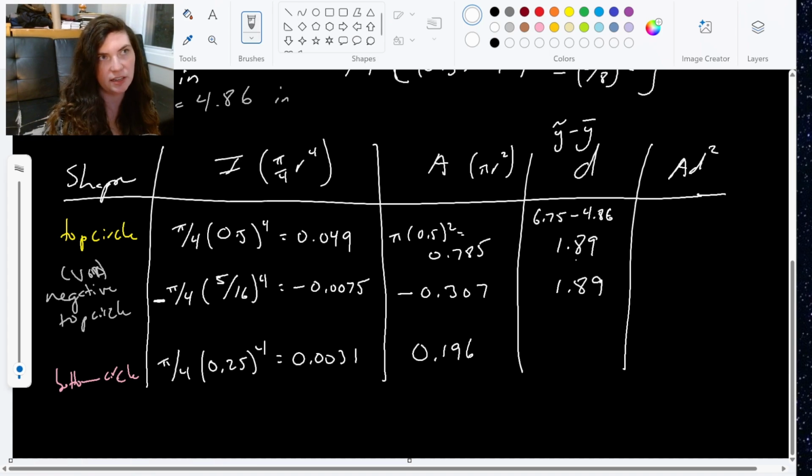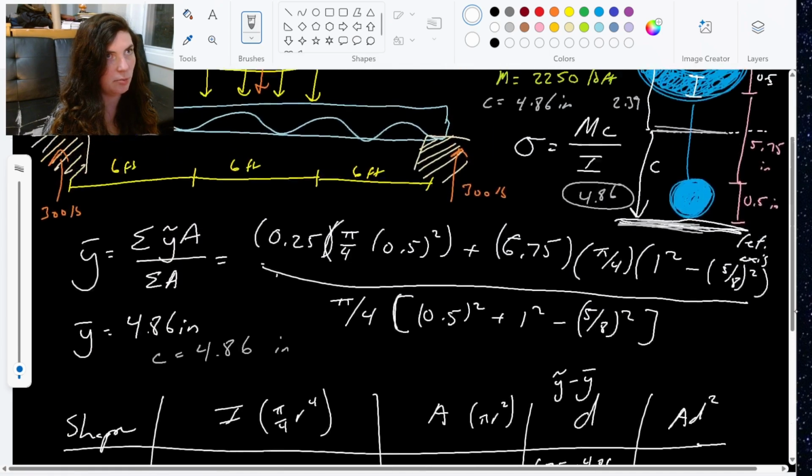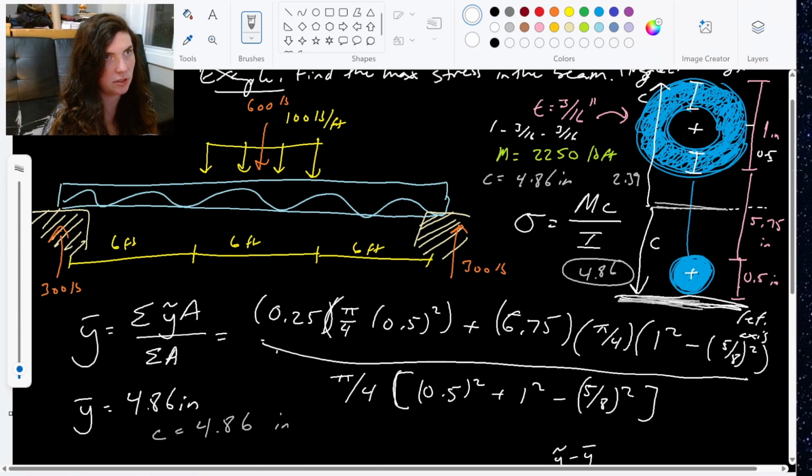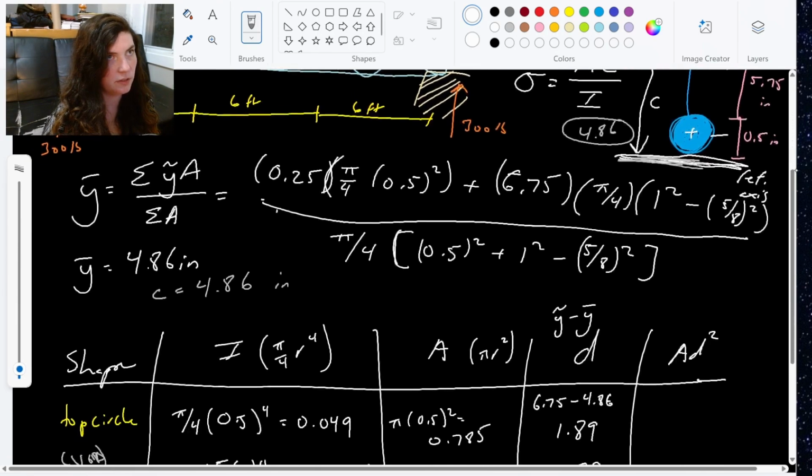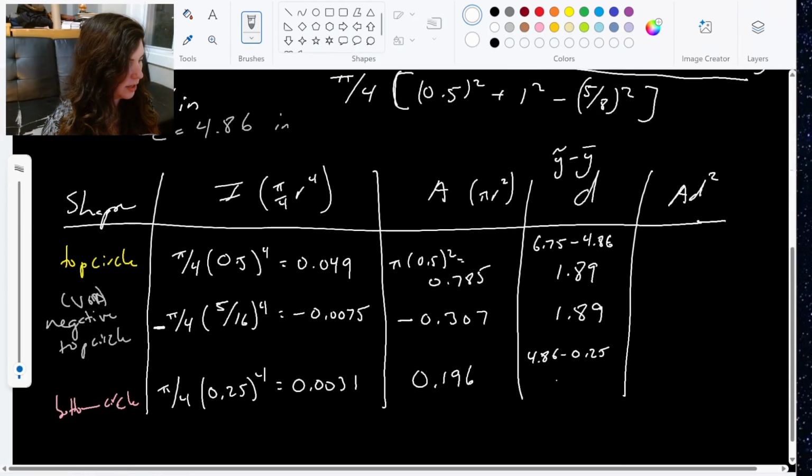And even if you put a negative on this D, this term gets squared anyways, so it doesn't really matter if it's positive or negative. It's going to end up as a positive. Then it's multiplied by the negative to make sure that it's negative, right? And the last one is going to be 4.86 minus 0.25 for that bottom circle. The centroid of this bottom circle happens right here, 0.25. And the difference between that 4.86 and 0.25 is 4.61.